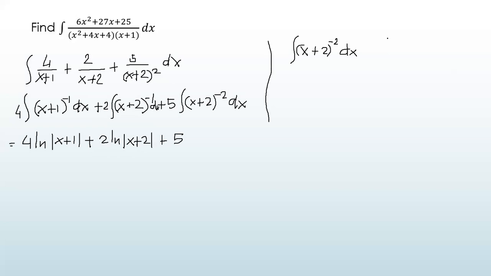Pay attention. If u equals x plus 2, it means du equals dx, because the differential of x equals 1, the differential of 2 equals 0. So this integration we may write like this: u to the power minus 2 du.